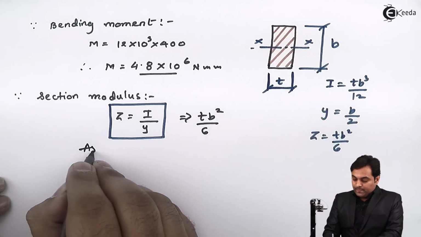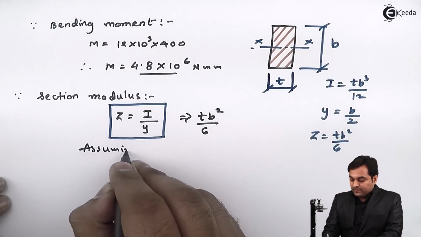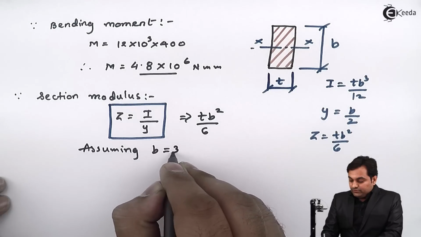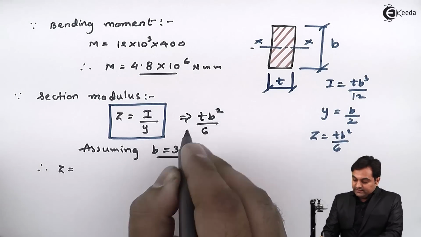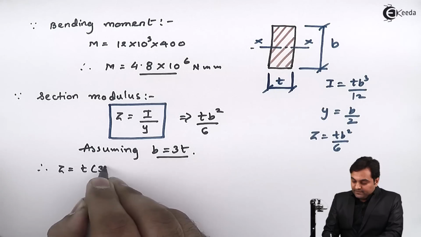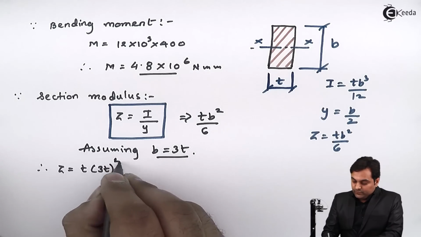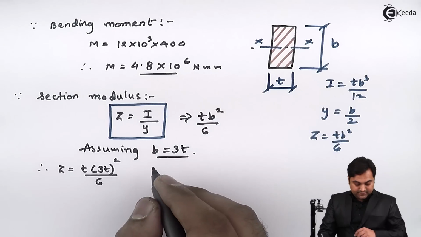I'll assume B is equal to 3 times T. So therefore I will get Z as, I'll replace B by 3T, T into 3T square divided by 6.